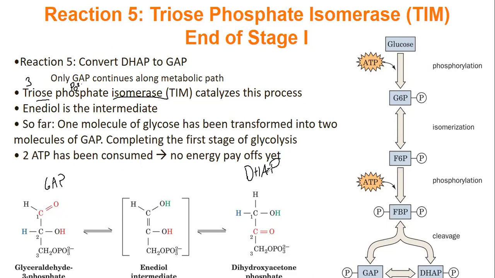And this more or less ends phase 1 of glycolysis. We took 1 glucose, we incorporated 2 ATP, but we have gotten nothing out of it except 2 GAP molecules. So that is the end of phase 1 of glycolysis.